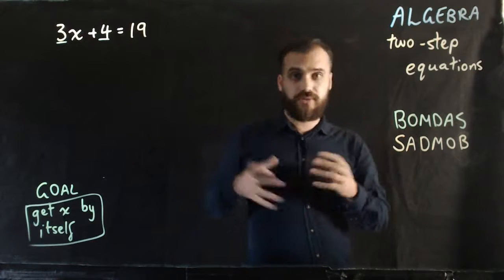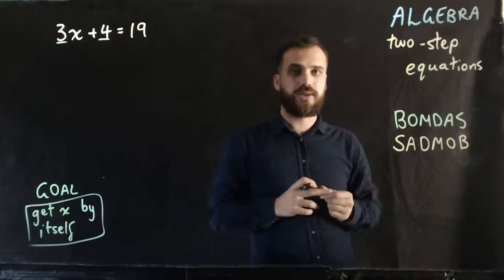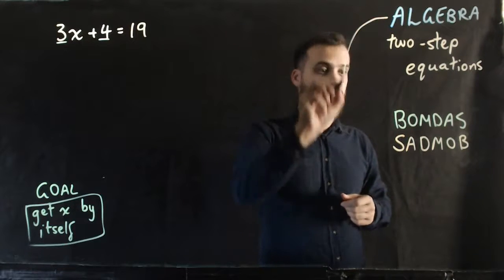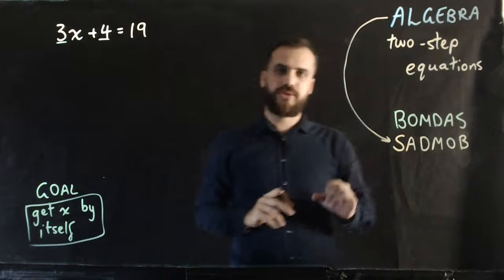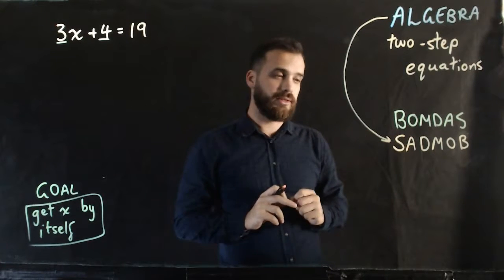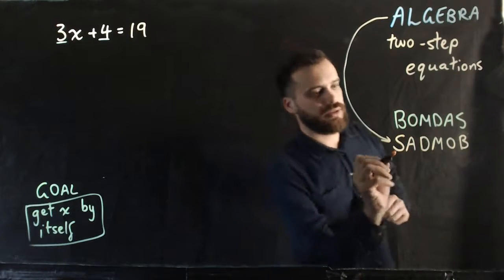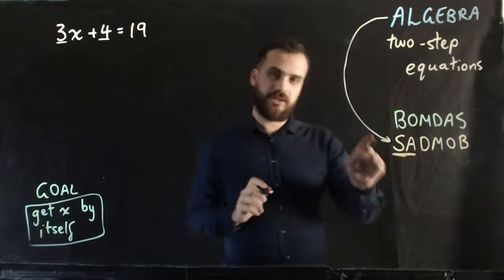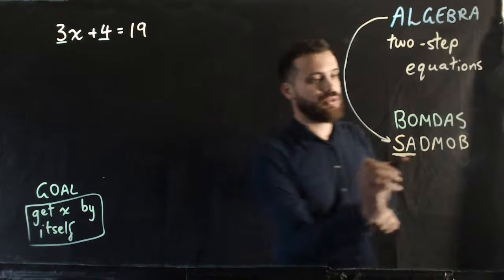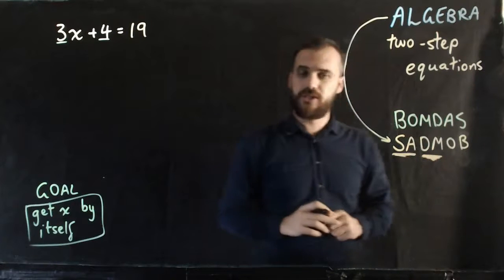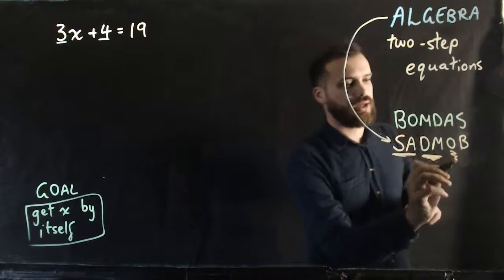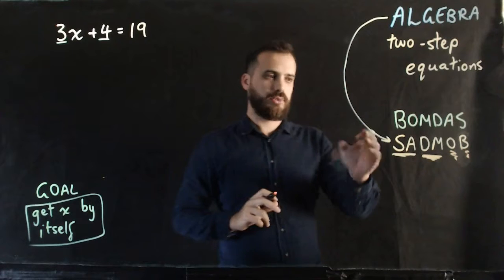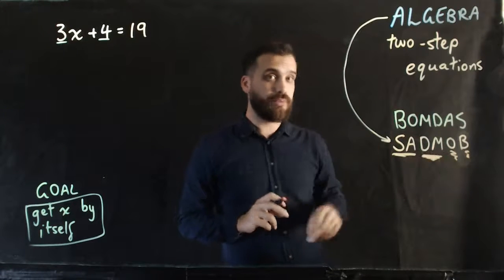So, first thing we need to do, subtraction and addition. Now, which one of these is subtraction and addition? Well, it's the plus 4. And the plus 4 is the thing that we need to get rid of first. So how do we get rid of a plus 4? We do the opposite of plus 4. So that's going to be 3x plus 4, and then we get rid of the plus 4 with a minus 4.